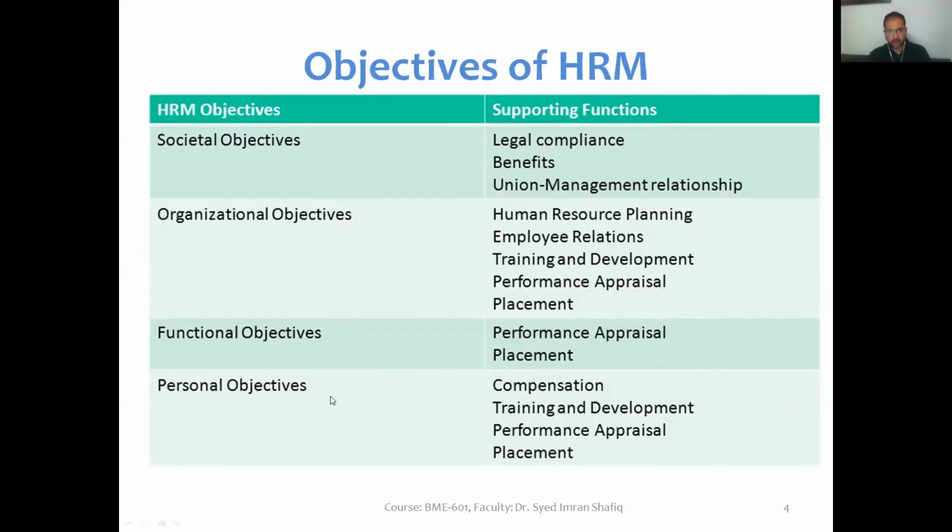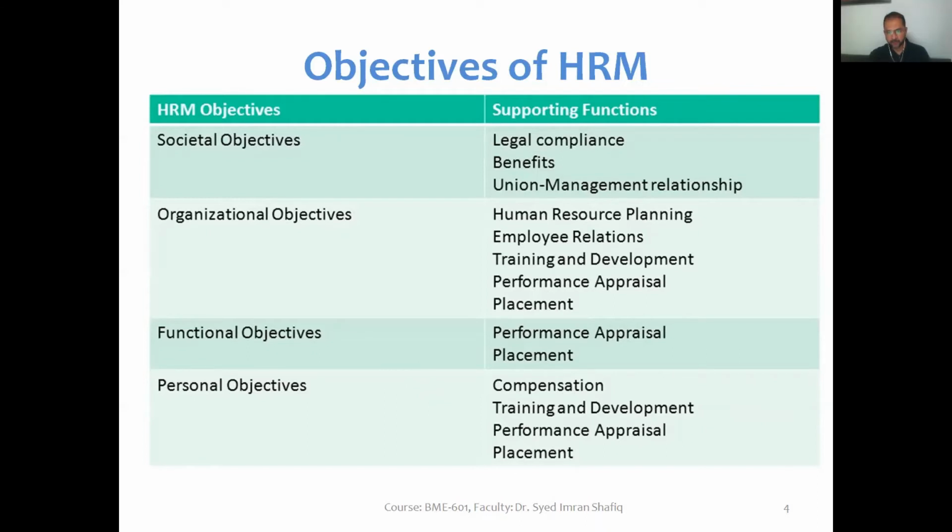Next one is personal objectives, and the supporting functions are compensations if there is an accident or if there is some untoward incidents with the worker. So what compensation the company will give to the employee is also the objective of HRM.